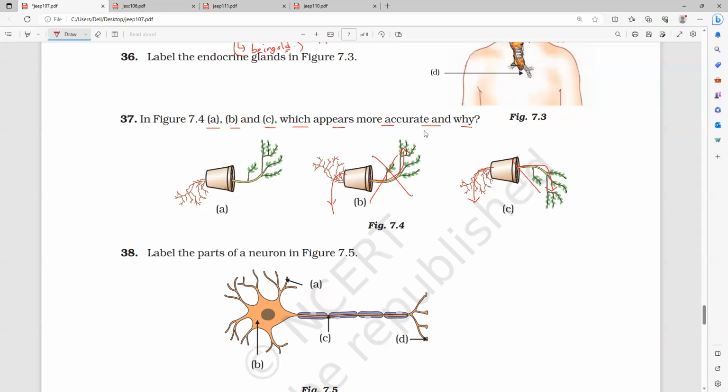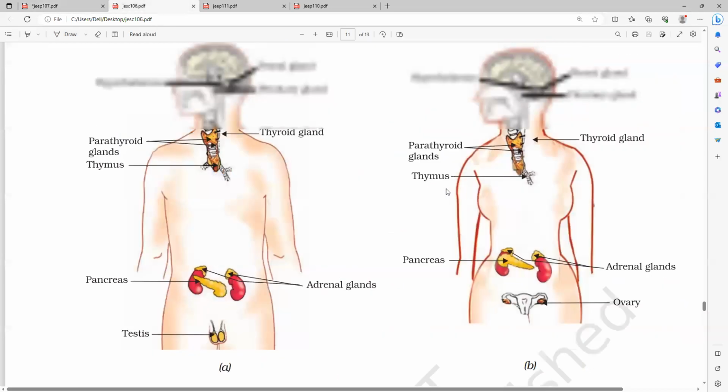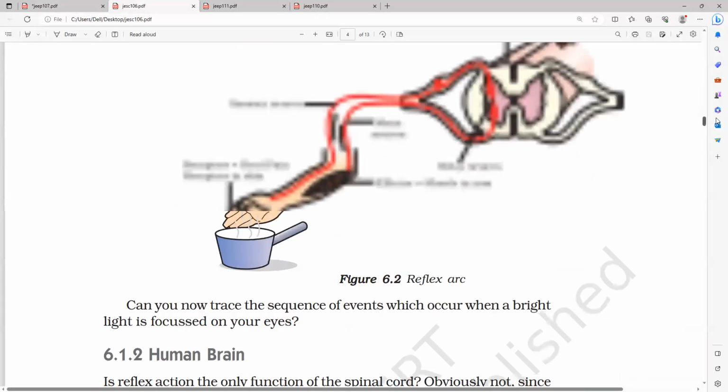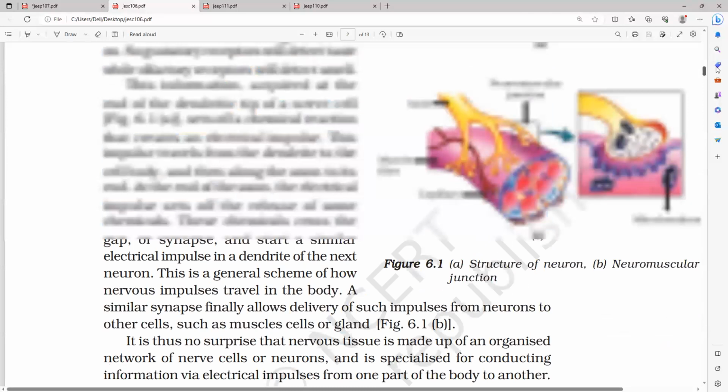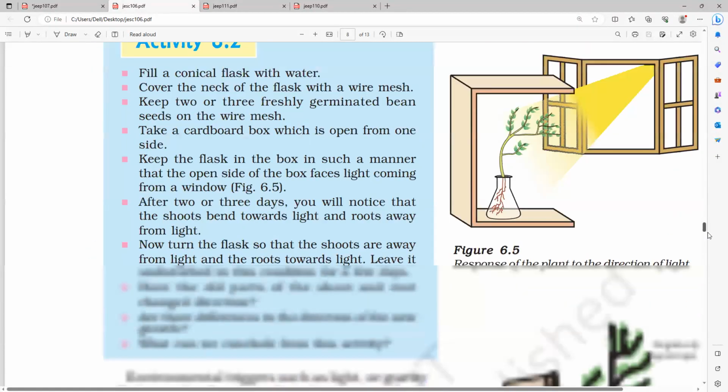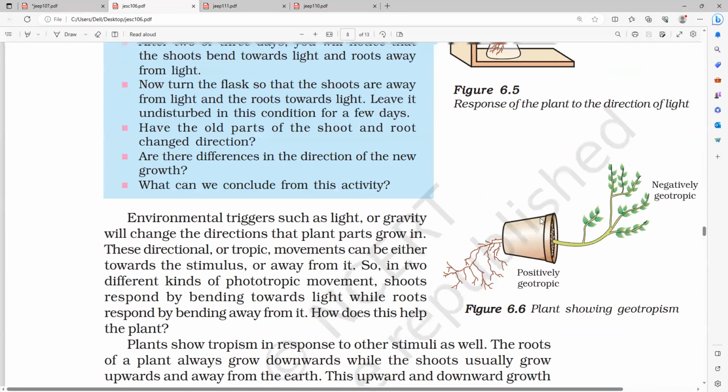So this is not correct and this is also not. What is the correct one? Option A. It is even a direct figure from the book. Roots are positively geotropic, growing downwards.